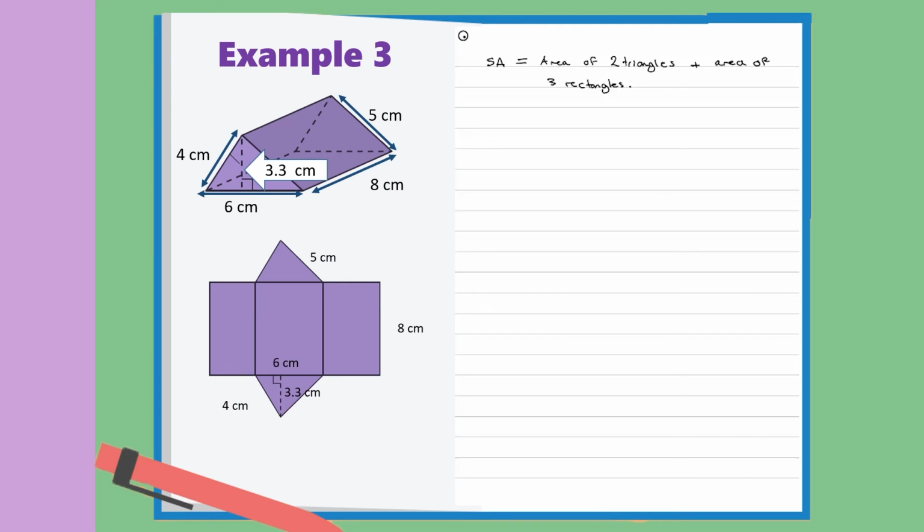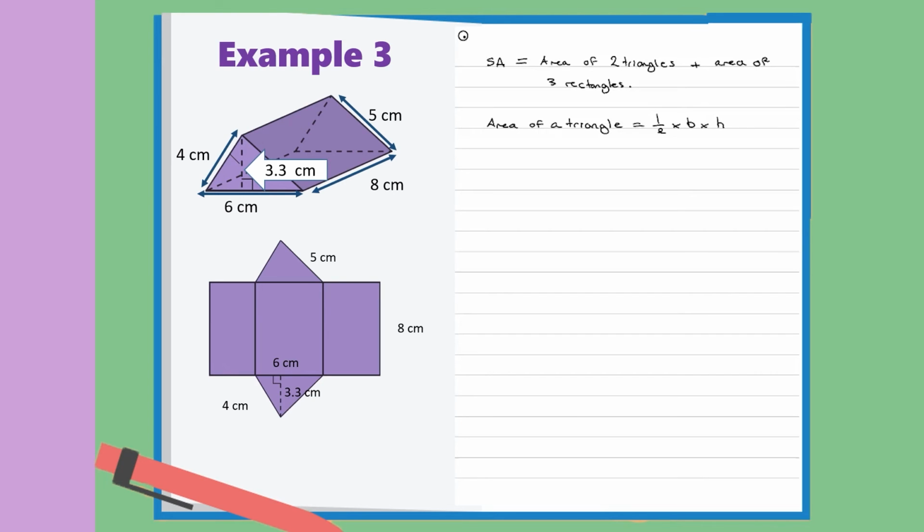So now that we have that broad definition, we can work out individually what the area of the triangle is going to be and what the area of each of these rectangles is going to be. So let's start with the area of the triangle. The area of a triangle is given by the formula 1 over 2 times base times perpendicular height.